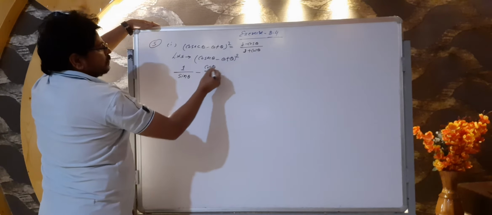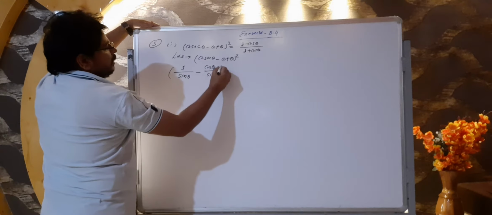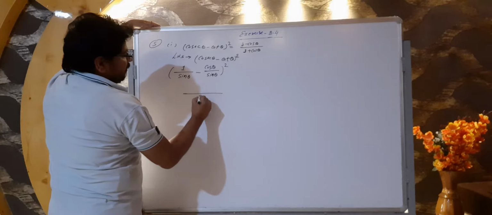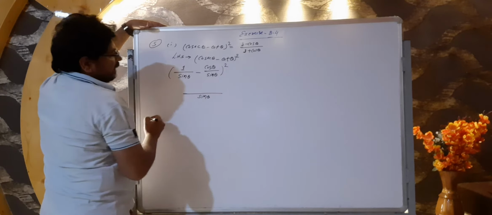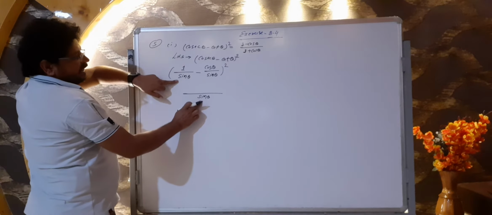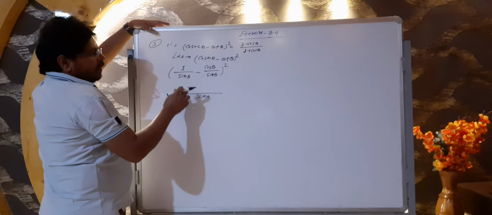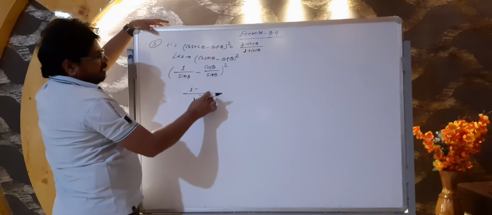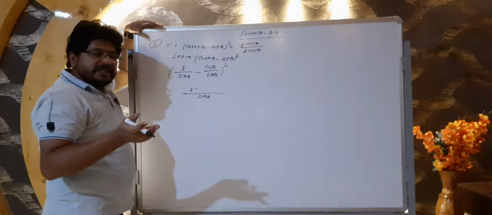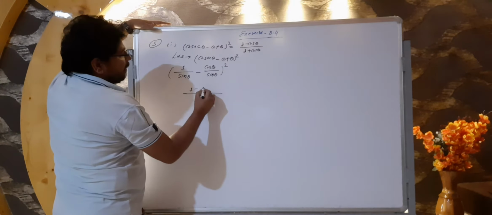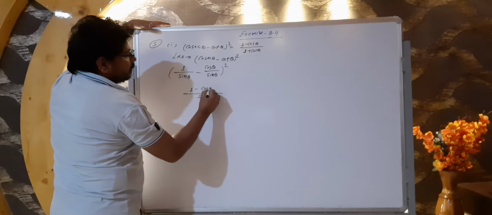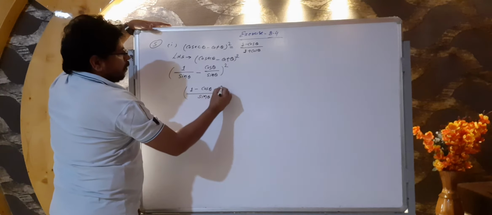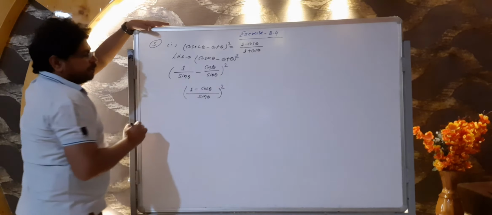Now it's a whole square. Now we should take the LCM. Our LCM is sin theta. Sin theta divided by sin theta, then 1 multiplied by 1 is 1. Minus, sin theta divided by sin theta, then 1 multiplied by cos theta is cos theta. Okay. It's a whole square.